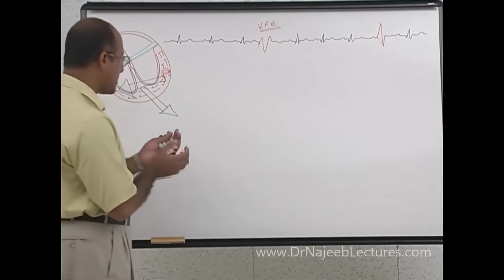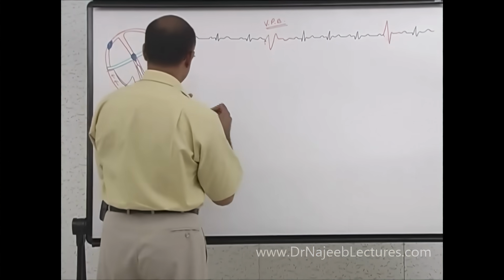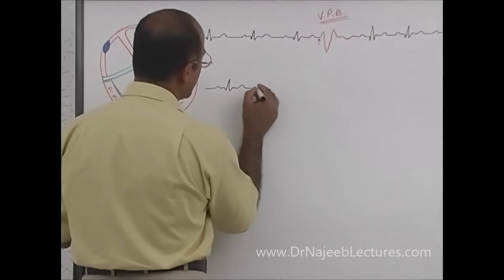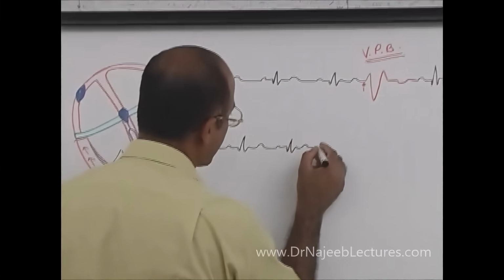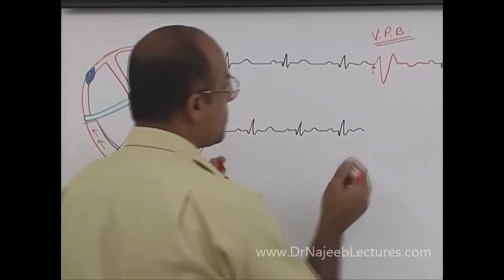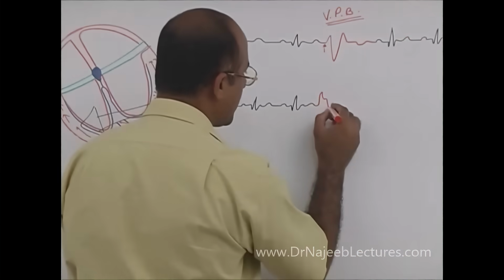So sometimes, when the normal ECG pattern is going on, a run of ventricular premature beats appears.